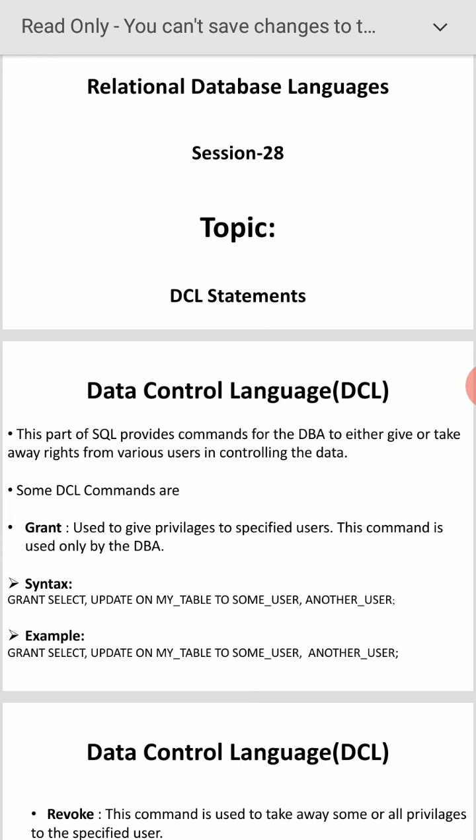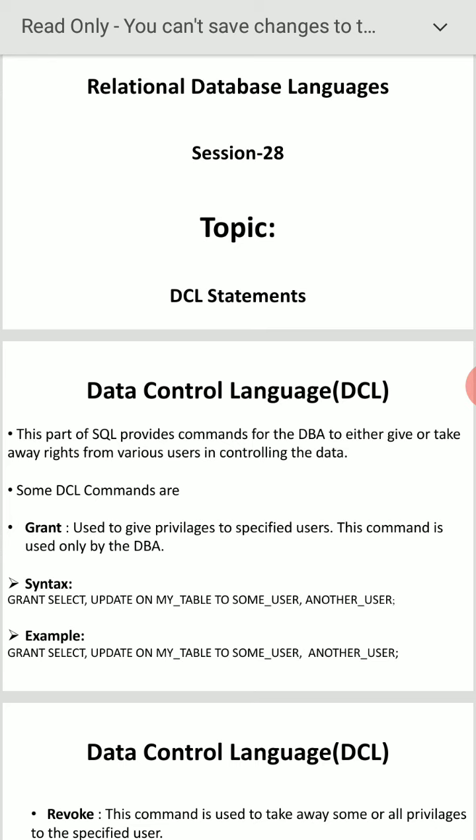Now let us see what is the purpose of the grant command. It is used to give privileges to a specified user. Sometimes the DBA has to give the permission to a specified user. That can be done with the help of the grant command.